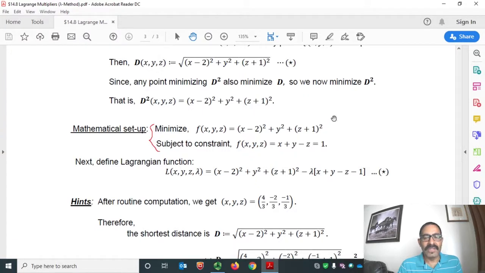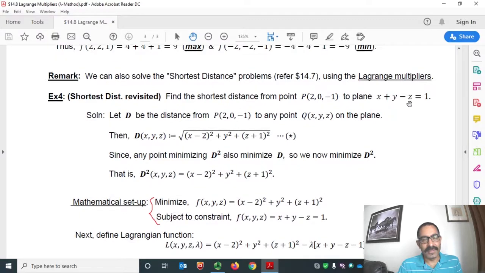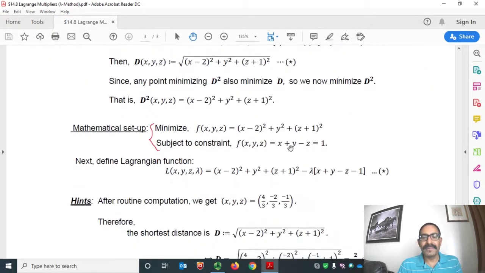Those x, y, z should satisfy this equation of the plane, x plus y minus z equals 1. Then just follow the routine computations, meaning define the Lagrangian function. The Lagrangian L of x, y, z, lambda equals the objective function minus lambda times the constraint.